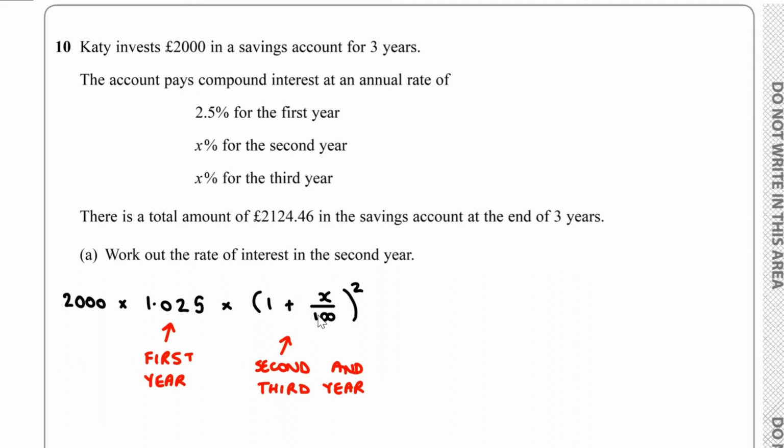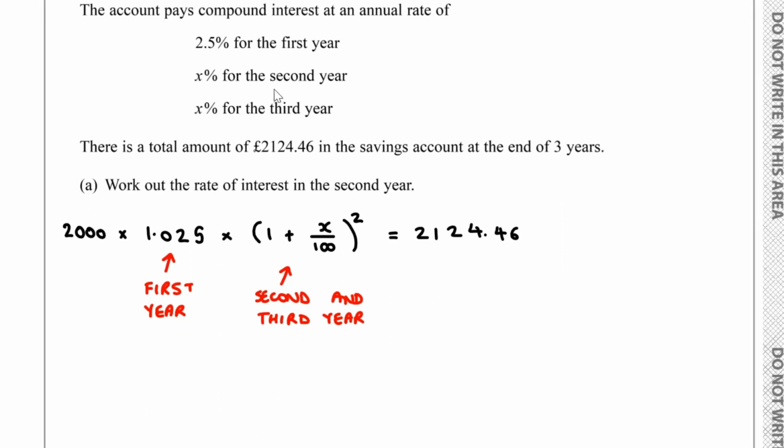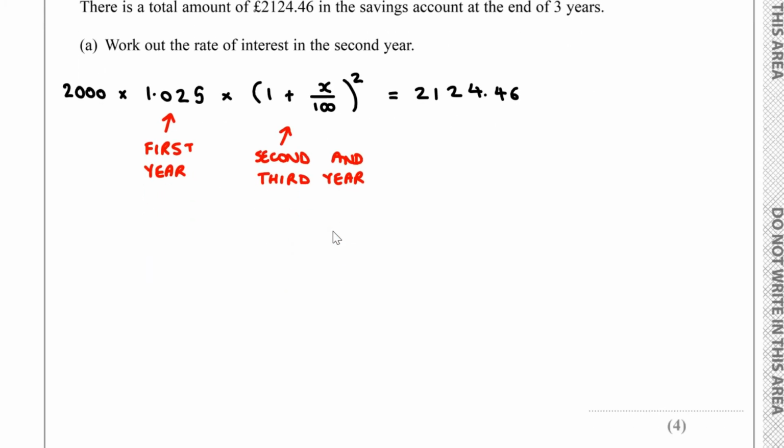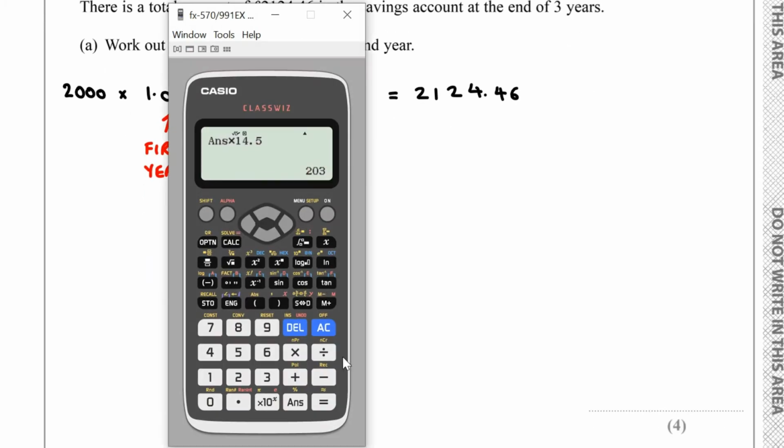And at the end of the 3 years, the total amount we have is 2124.46. We need to find out the rate of interest in the second year, so we need to find out what x is. So let's tidy all this up.